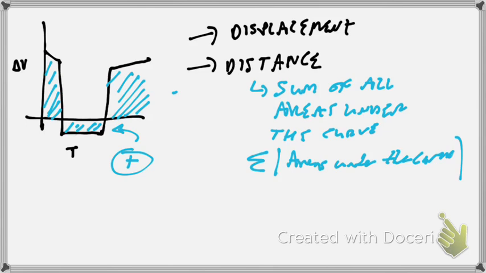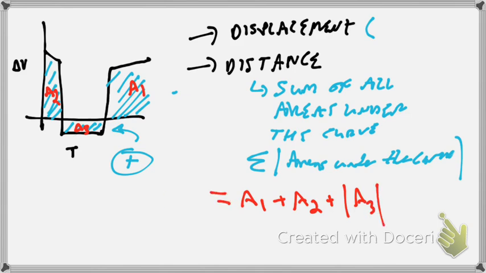Now, if you were measuring displacement, what you would have to do is, this is actually a better idea. So if this was area 1, this was area 2, and this was area 3. For distance, you would say distance is A1 plus A2 plus the absolute value of A3.